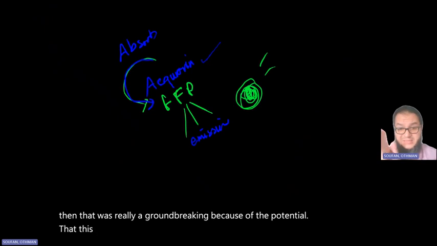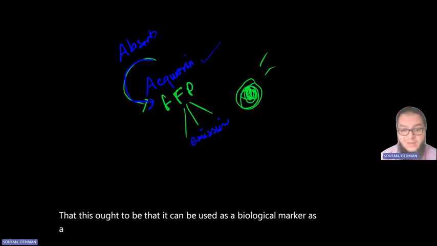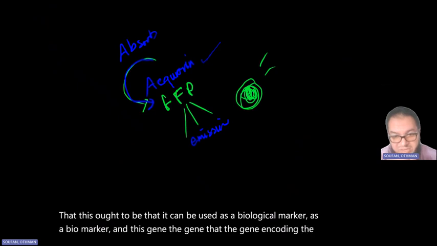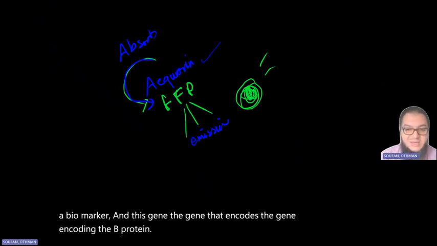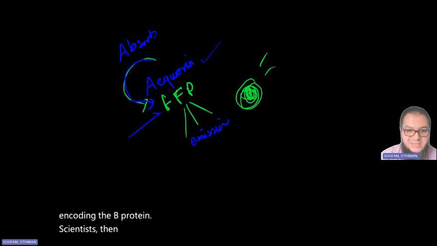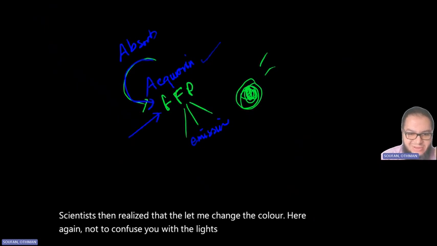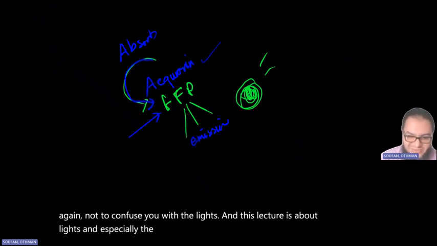It can be used as a biological marker, as a biomarker. And the gene encoding the GFP protein, scientists then realized, let me change the color here again, not to confuse you with the lights. This lecture is about lights, and especially the green light.